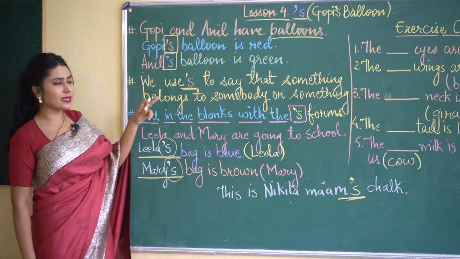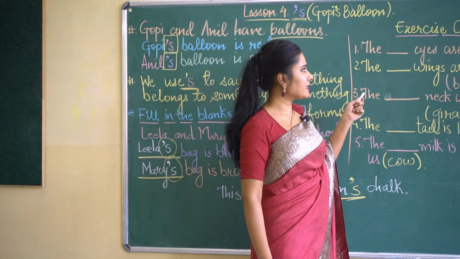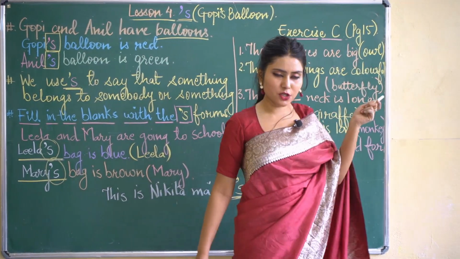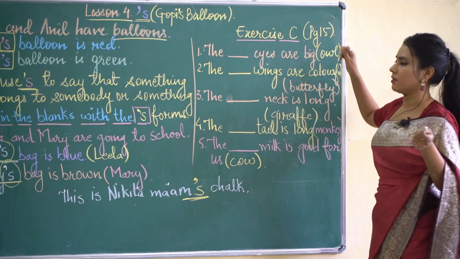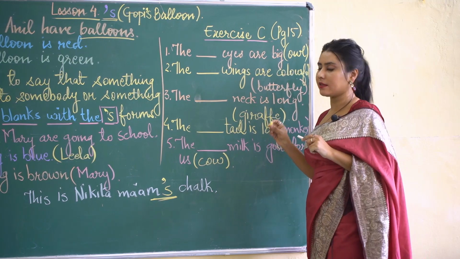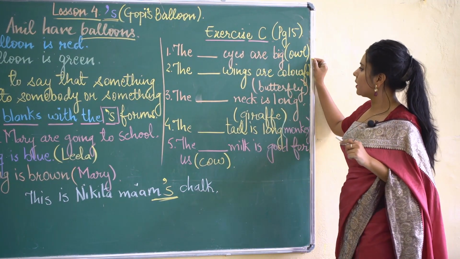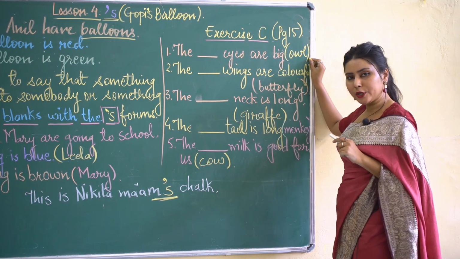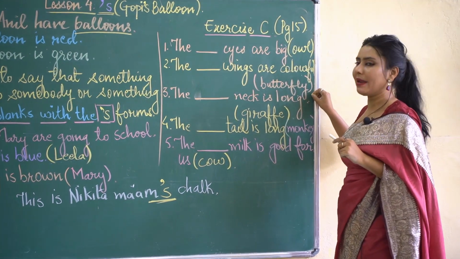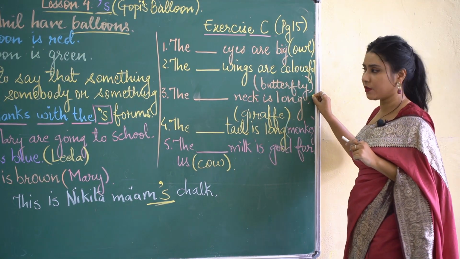We have another exercise of your book which is given here as exercise C on page 15 of your book, children. I have taken it. Children, you all have pictures given in this exercise in your book, but I have written the options at the corner so that we apply apostrophe S and try to find out the correct answers for this.